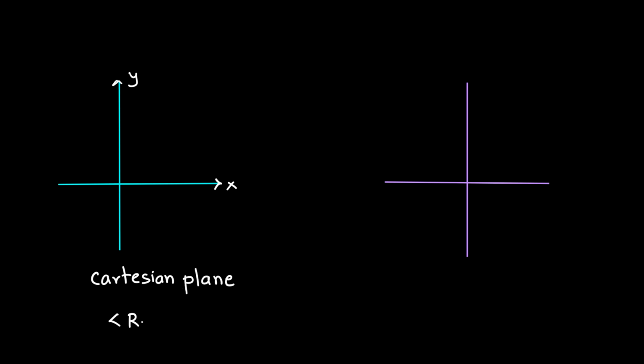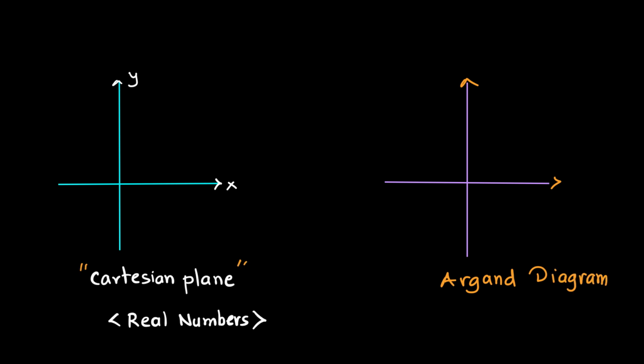This is used for real numbers. Then the question is, what is an Argand diagram? An Argand diagram is technically the same thing as a Cartesian plane, except Argand diagram is used for complex numbers.